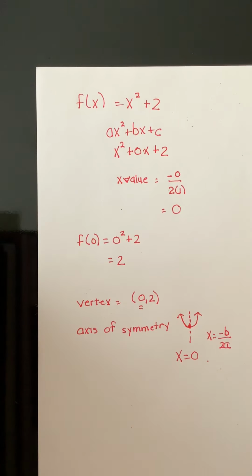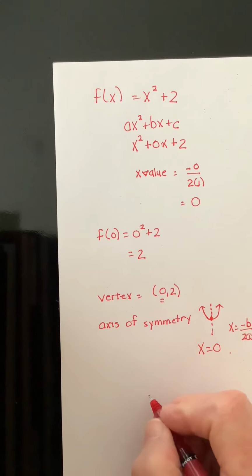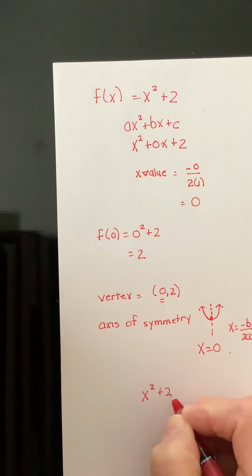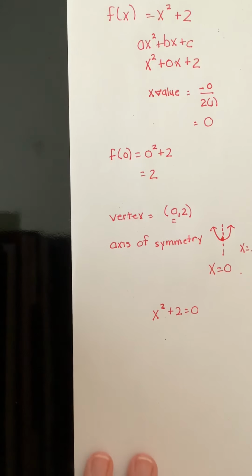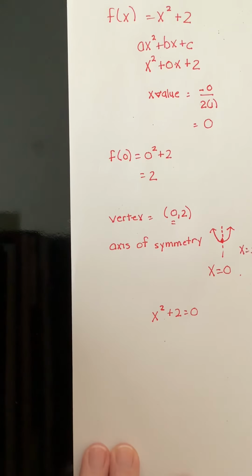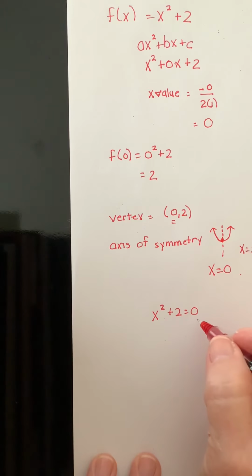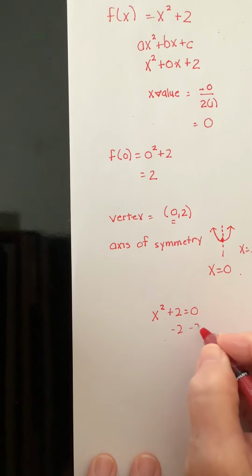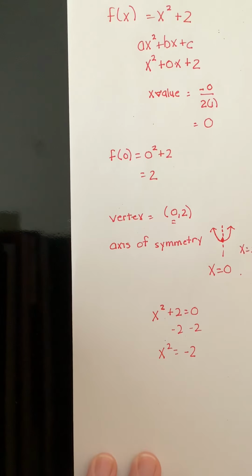So we've done the vertex, we've done the axis of symmetry. To get your x-intercepts, we're going to let our quadratic equation equal 0. This is kind of a weird problem to start off with, because if we use the square root property and subtract 2 from both sides, we get x squared is equal to -2, and we know that cannot happen.